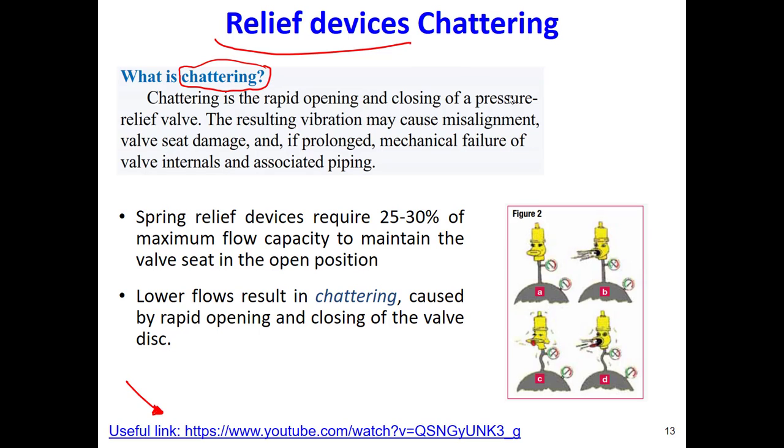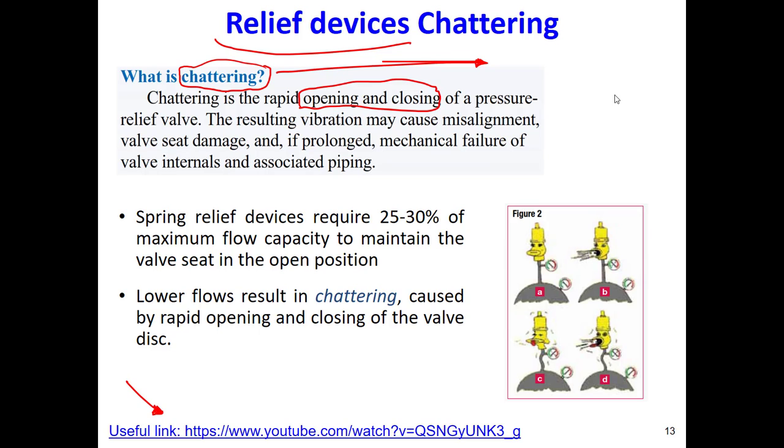Chattering is when we choose a wrong valve for that process or for that vessel or equipment, a valve that is not fit to that pressure, to that flow rate, and to that equipment. So it's when the valve opens and closes rapidly. There will be a continuous opening and closing of the valve that makes a chattering noise.